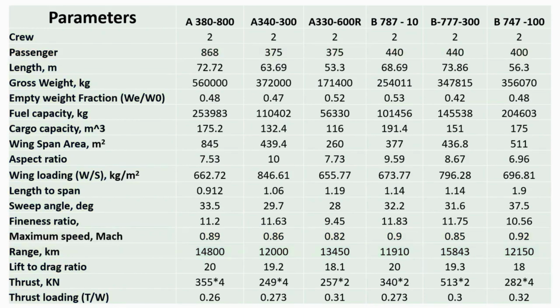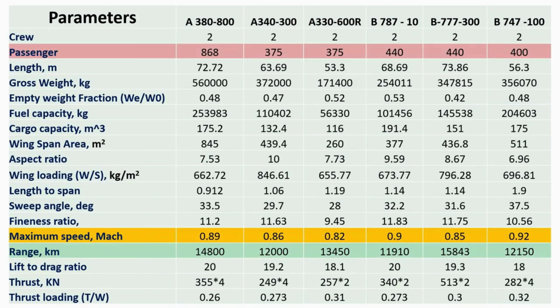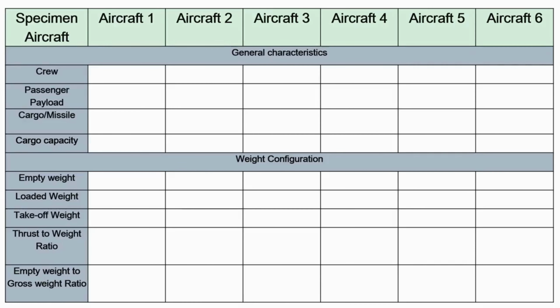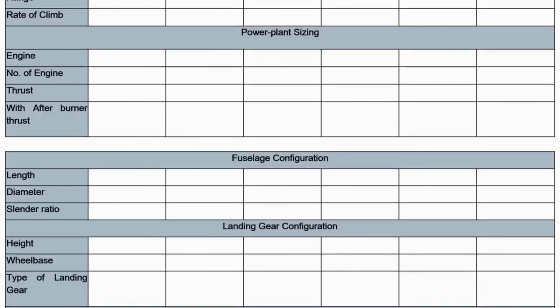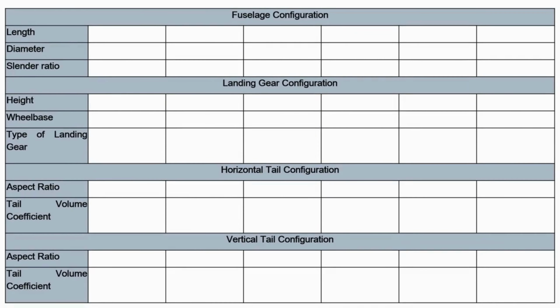Now you can see I have considered a few aircraft which have higher than 400 and less than 400. Similarly for the speed, plus and minus of 0.85 Mach number. Similarly for the range, the 15,000 km is our design requirement, but I have considered plus and minus of that range. Now these are the critical criteria or critical requirements to design your own aircraft.